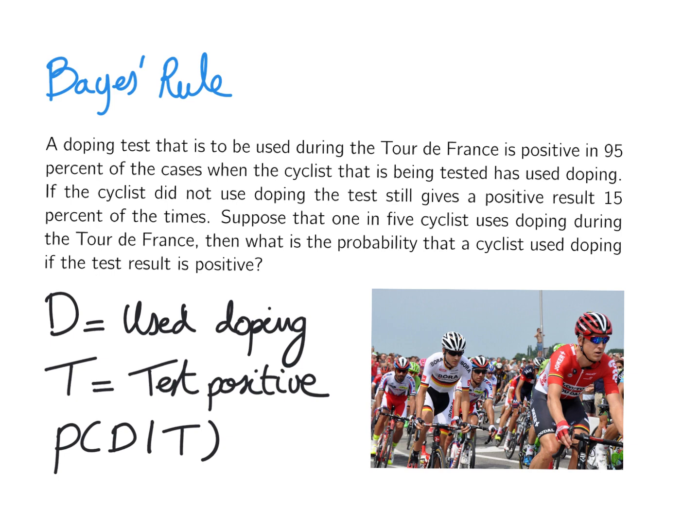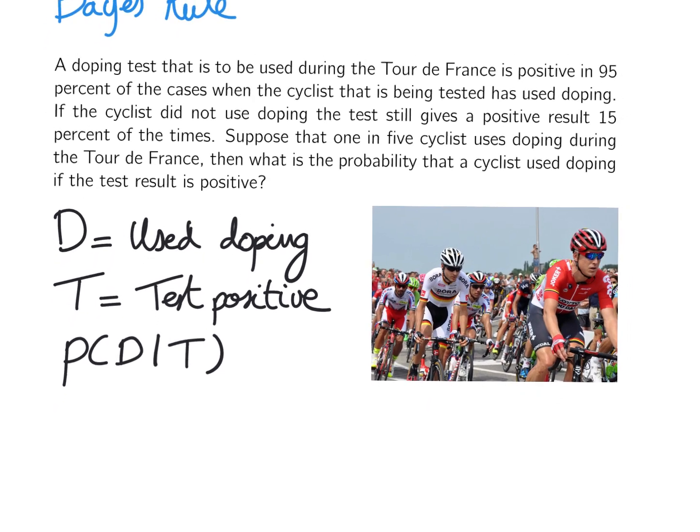I'm not going to explain where Bayes' rule comes from, but we are going to apply it. So Bayes' rule tells us that this conditional probability, the probability that D is true given that T is true, is equal to the probability of T given D times the probability of D. So the probability that this cyclist used doping.